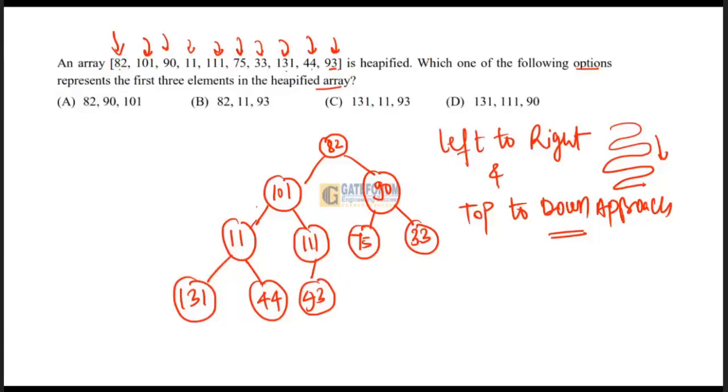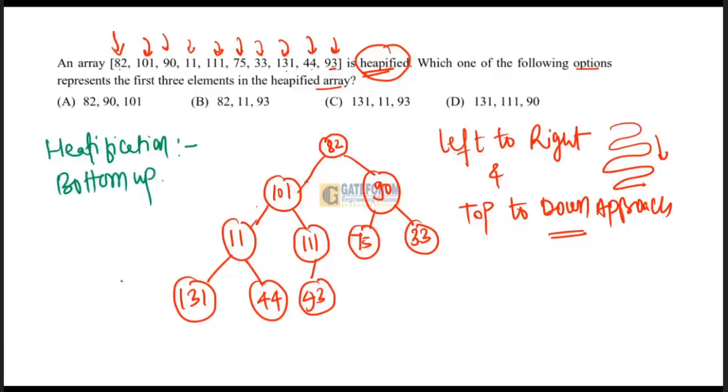Now after this, this is just a heap tree, but we need to heapify it. So now I am going to perform heapification. While performing heapification, I need to keep one thing in mind: heapification is performed with a bottom up construction method.